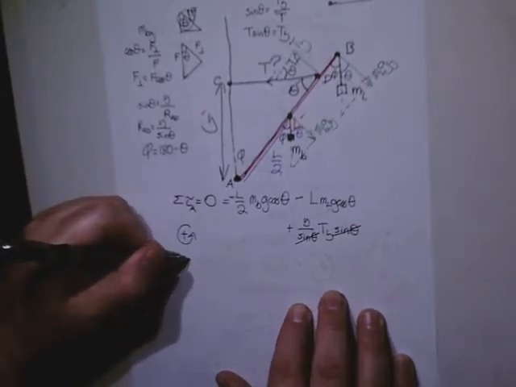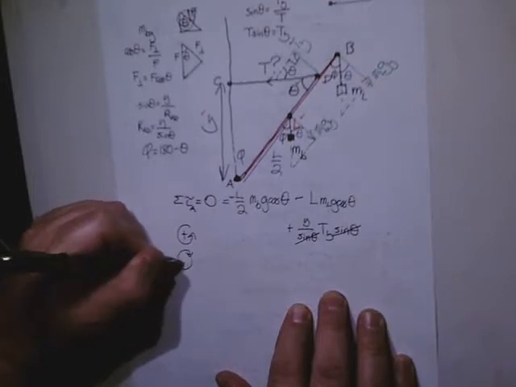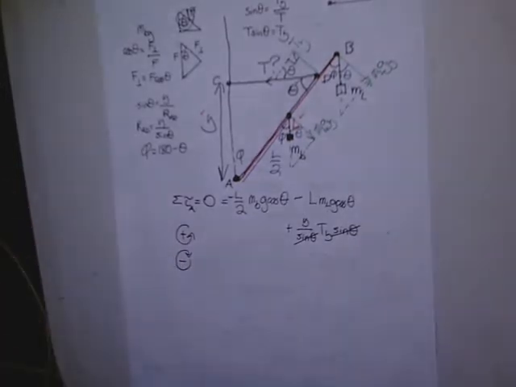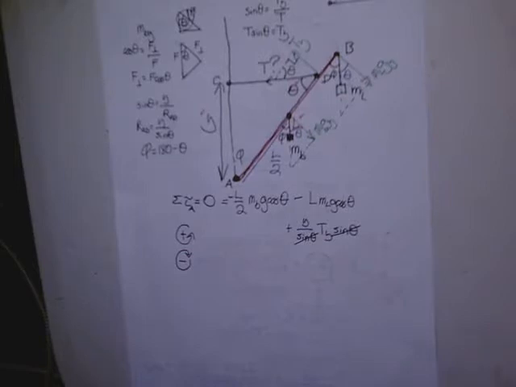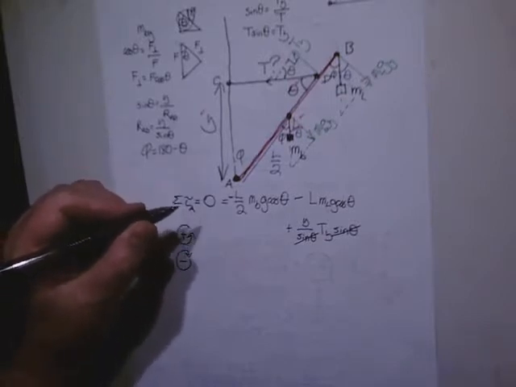If you think it's going to cause a clockwise rotation, then you mark it negative. So you can do it that way, or you can use the right-hand rule. With practice, I don't even think about the right-hand rule. I just do it, and if it comes out of the page, it's positive, and into the page, it's negative.